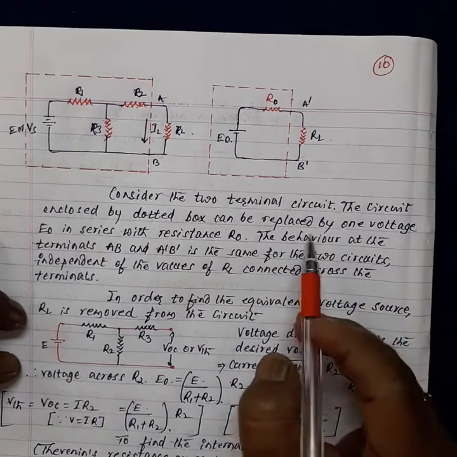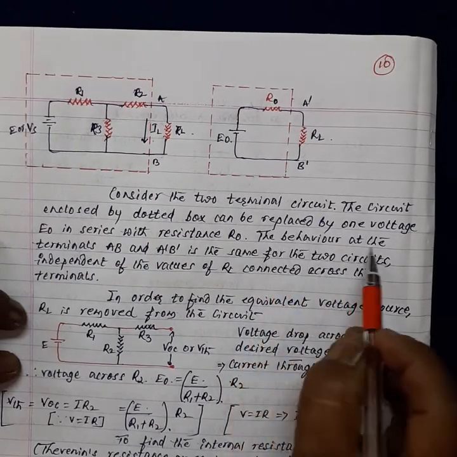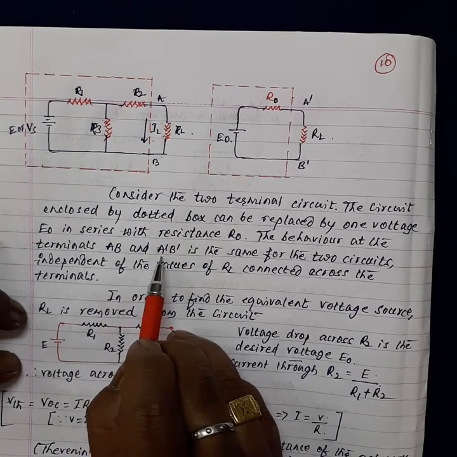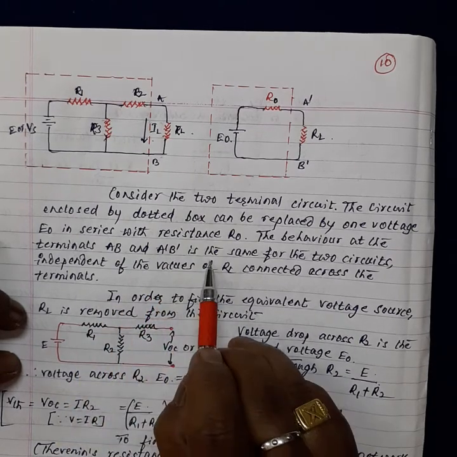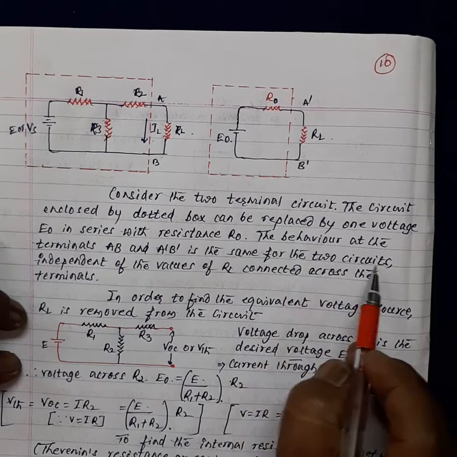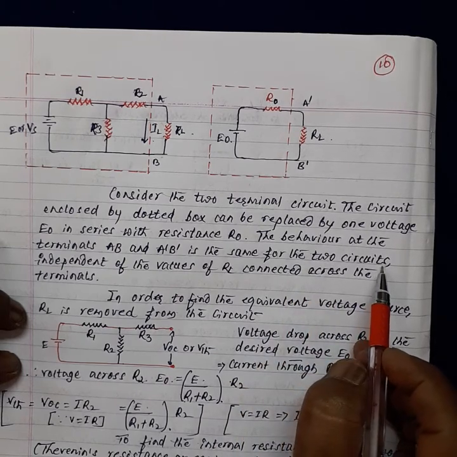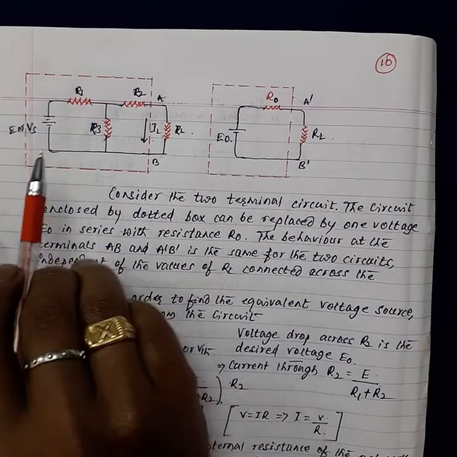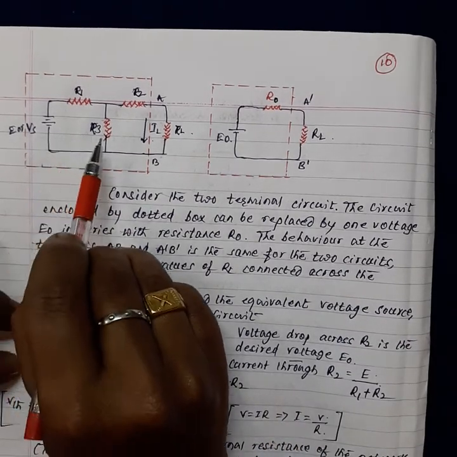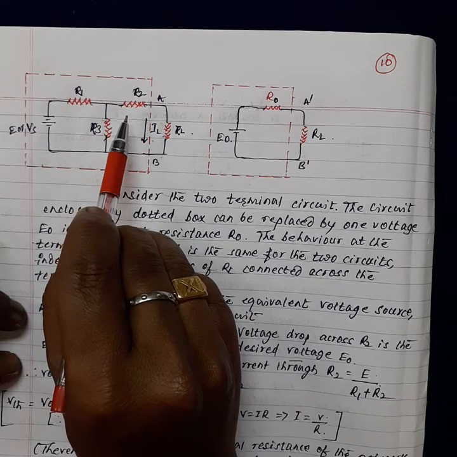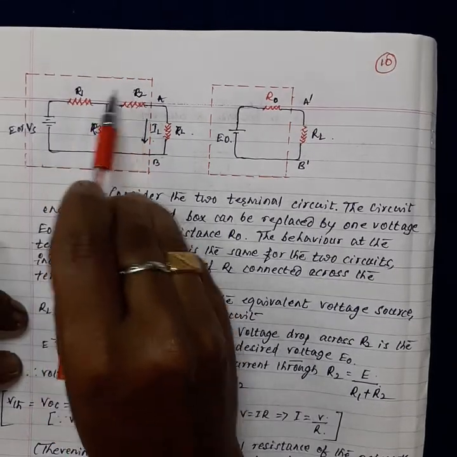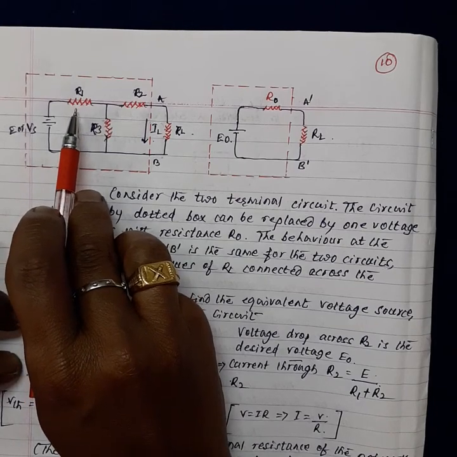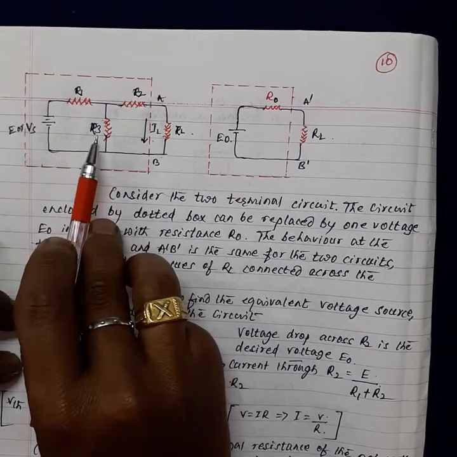So the behavior at the terminals A and B and A dash, B dash is the same for the two circuits. What is the meaning of this? As per Thevenin's theorem, the number of internal resistances connected in the circuit can be replaced by a single resistor. Here we have the resistors, say R1, R2 and R3.